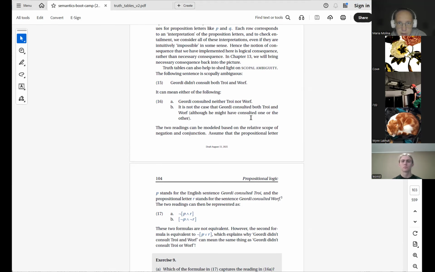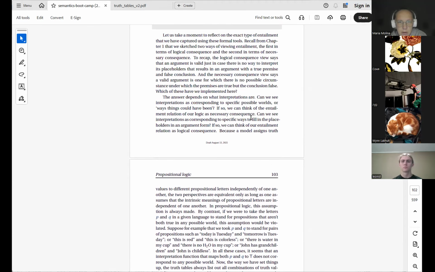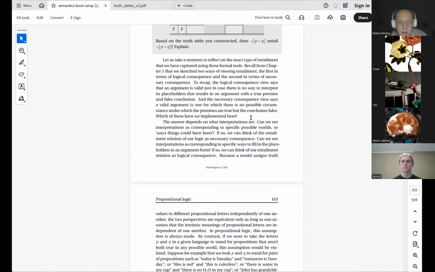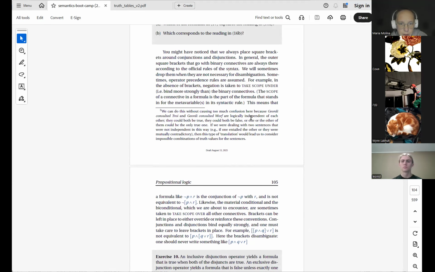Yeah, this is difficult. Why did we call it R? Probably this is just the third formula, okay? The third propositional letter.